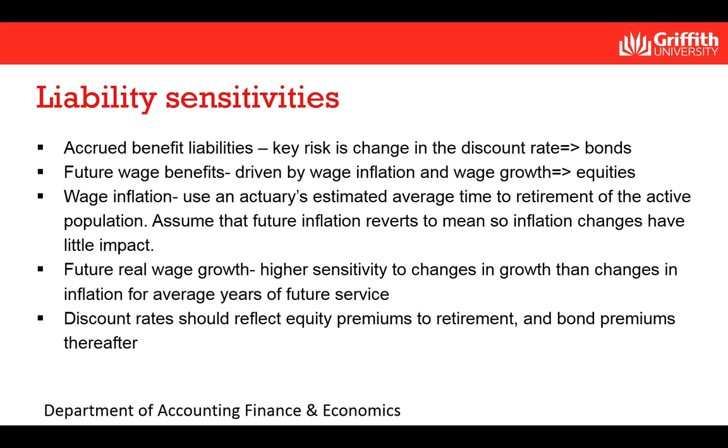And with regard to the discount rate, we recognize that the cash flows in the case of future real wage growth are equity linked prior to retirement and fixed thereafter. As a result, the cash flows are similar to both equities and bonds, and thus the corresponding discount rate should reflect both the bond premium and the equity premium.